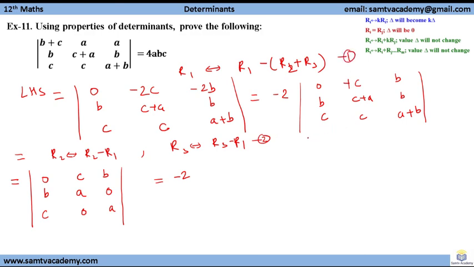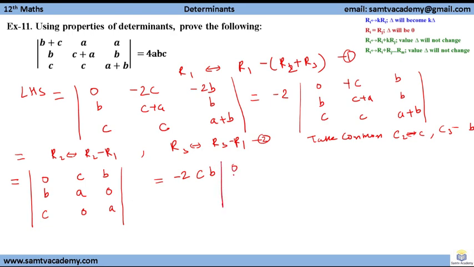Now third step, take common from C2, say C, and from C3 you take common B. From C2 you take common C, and from C3 you take common B. So C and B will write here.